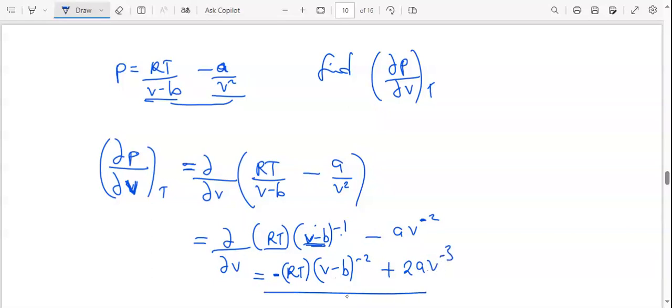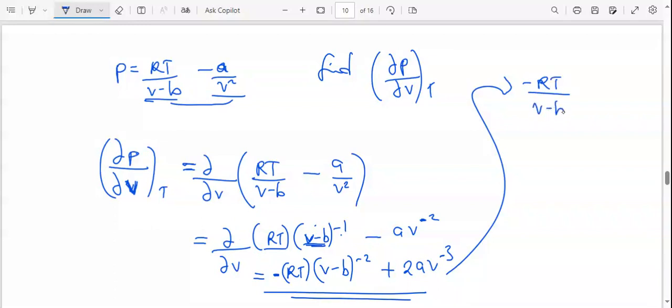This is the derivative that we have, and it's just a matter of arranging it. So we have negative RT over V minus b squared, plus 2a over V cubed.